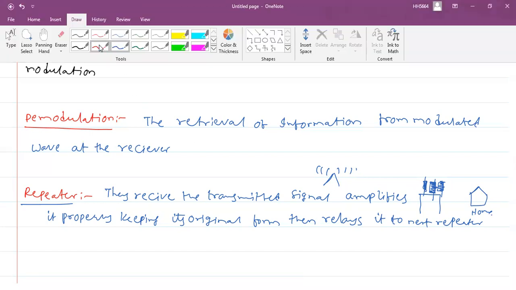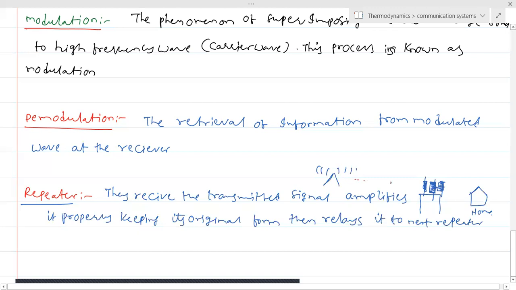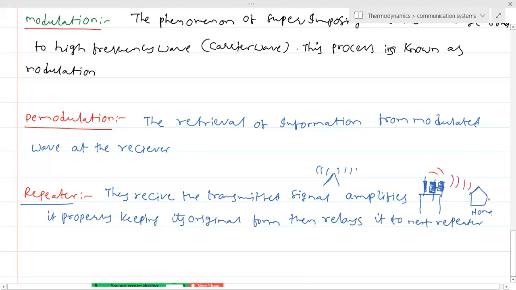What they do is they receive the signal, amplify it, and send it to the required person, to our home. So this is about repeater.